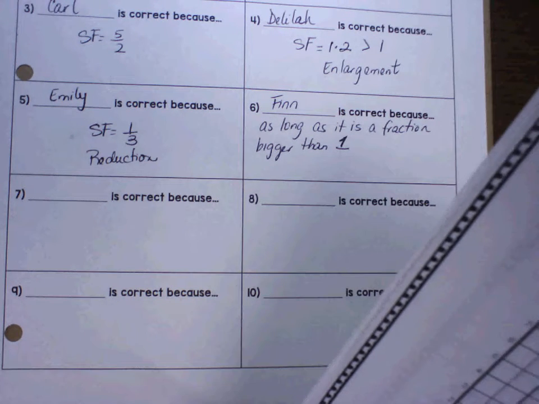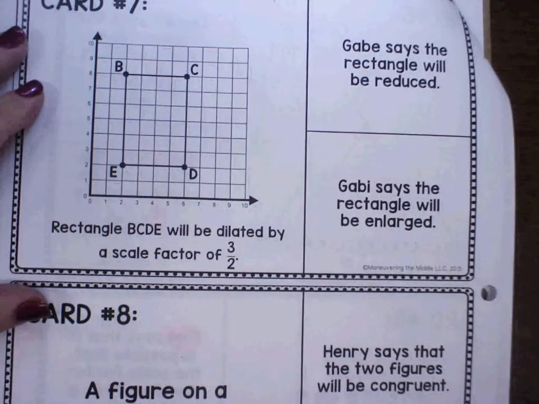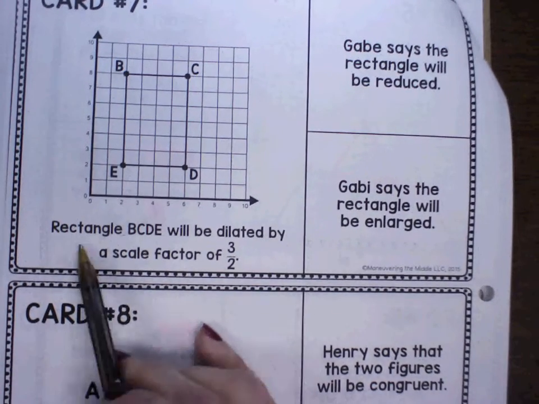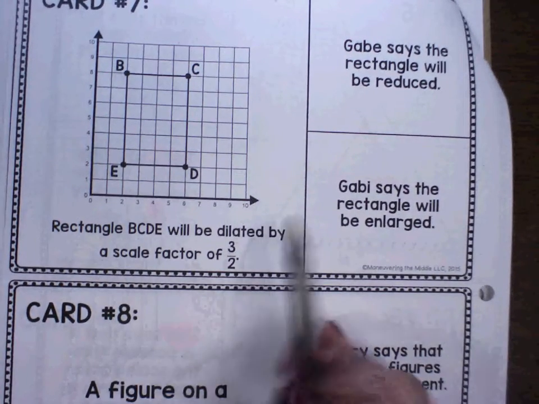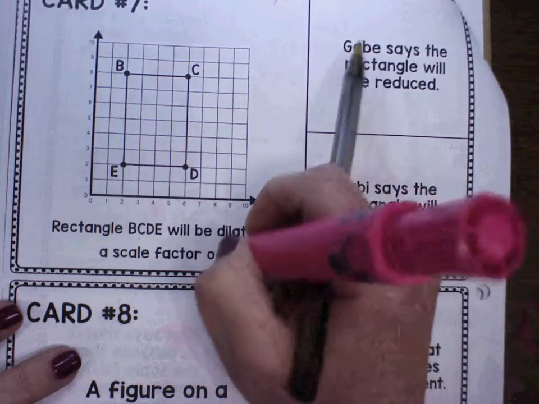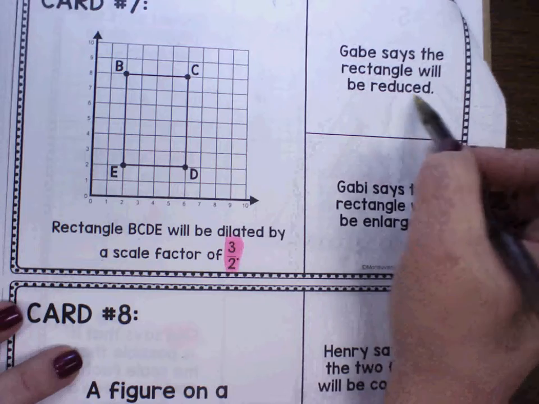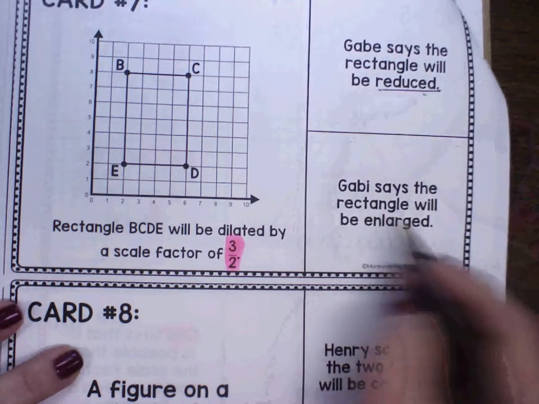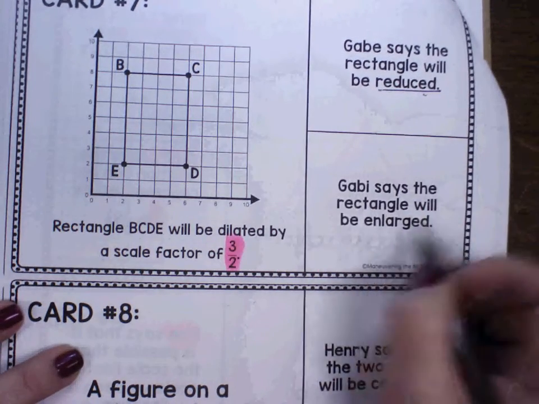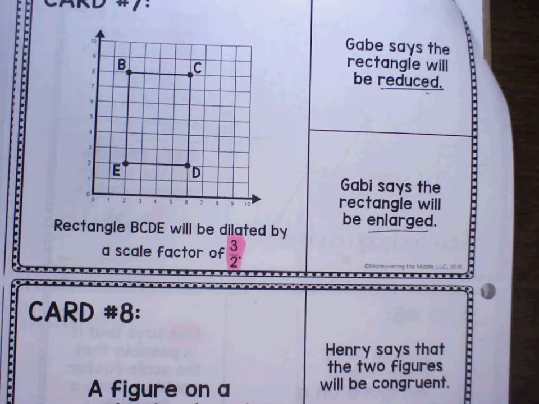All right, ready for the next one? All right, so rectangle BCD will be dilated by a scale factor of 3/2. Gabe says that it will be reduced. But Gabby says that it would be enlarged. Who's right? How do you know that Gabby's right?